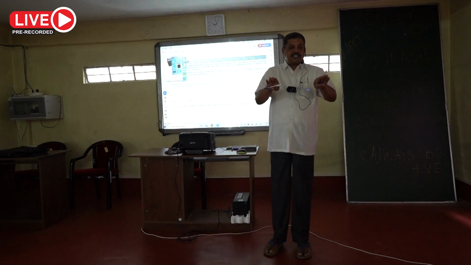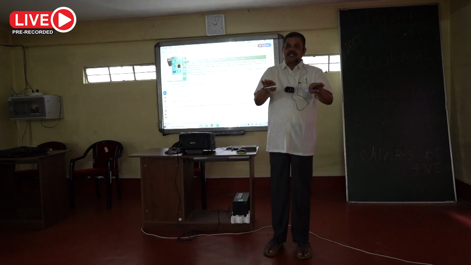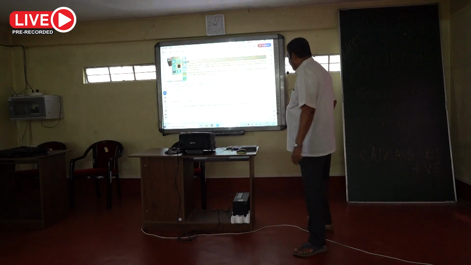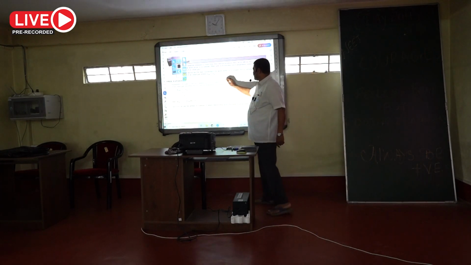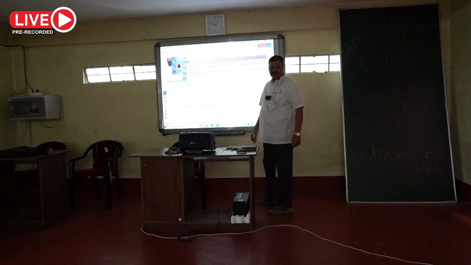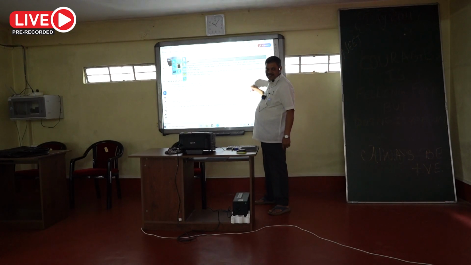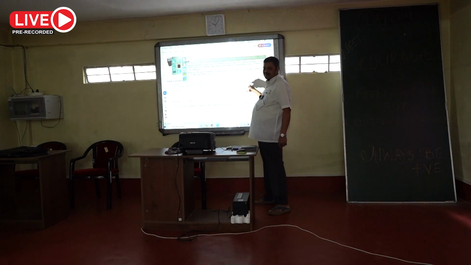Then whenever pressure is increased, volume should decrease. Volume decreasing direction is right side. Here it is more volume, here it is less volume. That's why the equilibrium shifts in the right side direction.